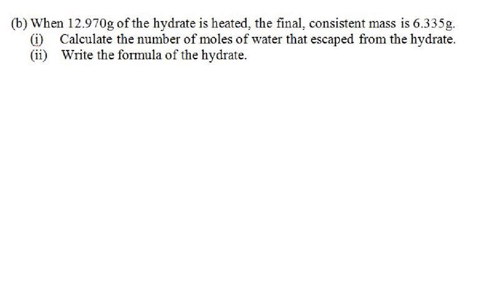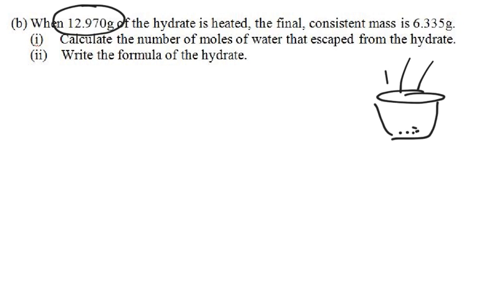Second part now, if we were to heat this hydrate, then in the little crucible, we're going to put in the compound, which is magnesium sulfate with water. And that's the number here, 12.970. And then we're going to heat it. And as we heat it, the water is driven off. And then what we're left with in the bottom is 6.335 grams of the anhydrous compound, in that case magnesium sulfate.